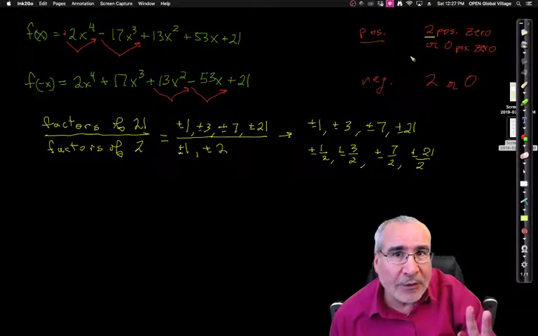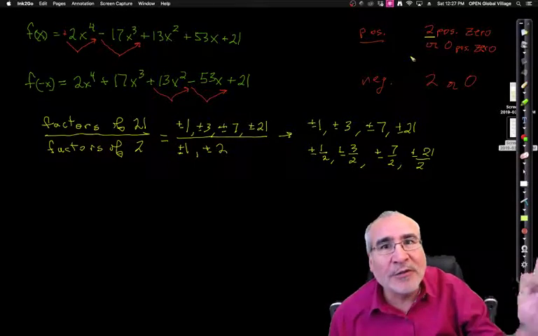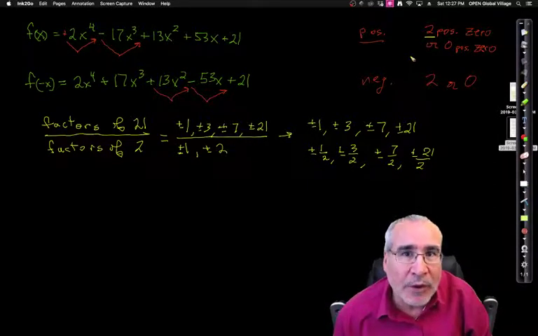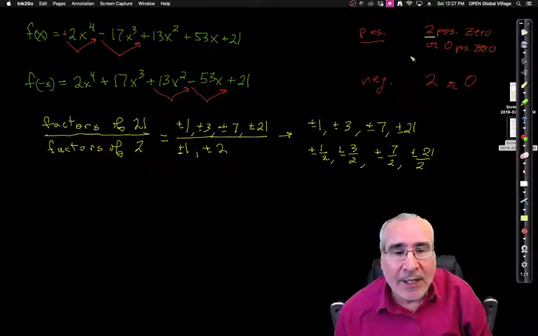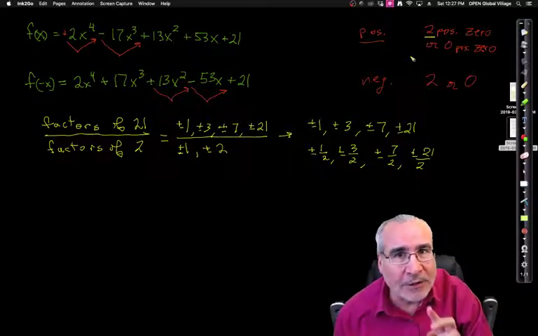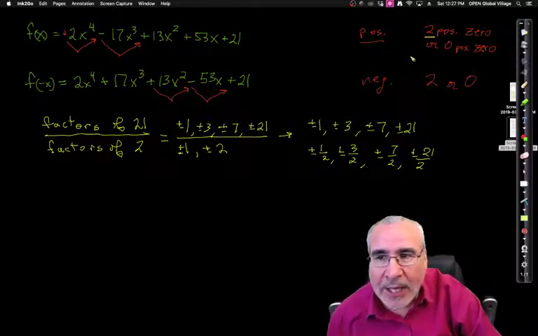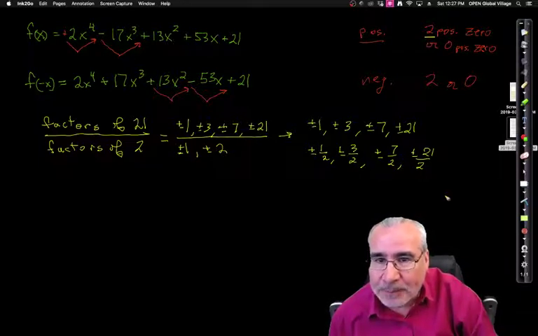But if I find 2, I know not to look for a third or a fourth because Descartes' rule tells me there's at most 2. If I find 1, I have to keep going because that's not a potential. There's either 0 or 2. So once I find 1, I know there will be a second one. Okay. How do I find these? Well, we could use synthetic division.